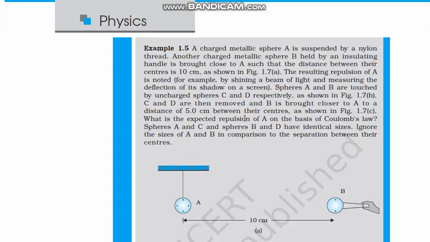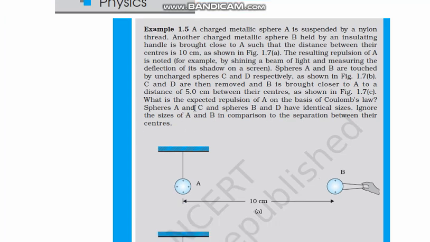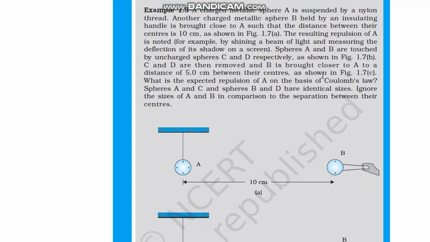What is the expected repulsion of A on the basis of Coulomb's law? Spheres A and C and B and D have identical sizes. We will discuss why they are taking identical sizes of A and C and B and D. So what is the expected result of force or repulsion after doing this activity?